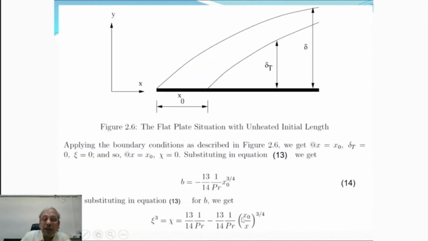So this is b, and x to the power minus 3 by 4 we bring here. So this becomes the expression for chi, and chi is equal to basically zeta cube.